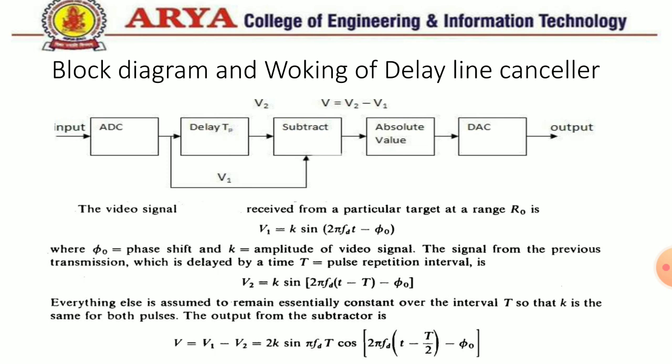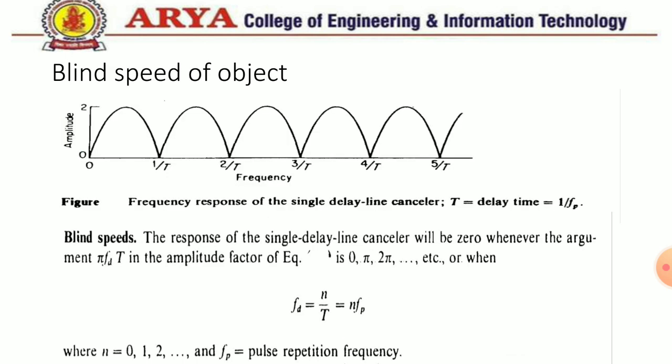This is the amplitude, or one can say the response. If I plot it with respect to frequency, we get the response as shown in the figure. This is the basic response that one can identify. Here in the figure the maximum amplitude is 2.